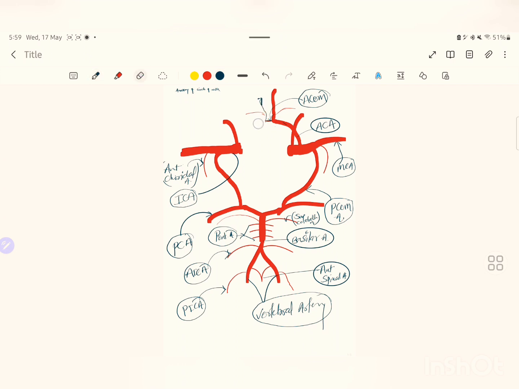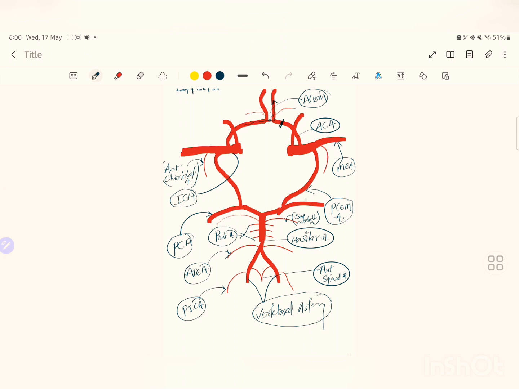So even if this pathway gets blocked, the blood supply of the brain is maintained by anterior communicating artery from the opposite ACA. So the part of brain supplied by the right anterior cerebral artery will not get ischemic. This is the collateral circulation.